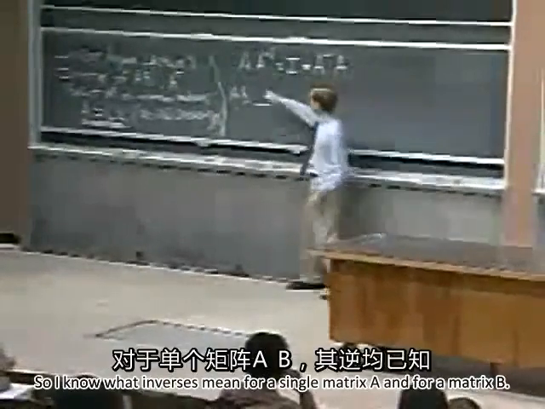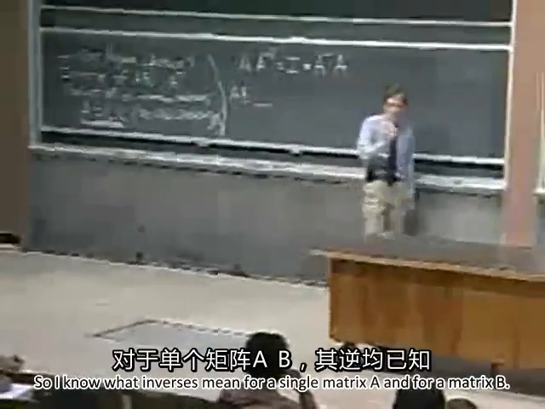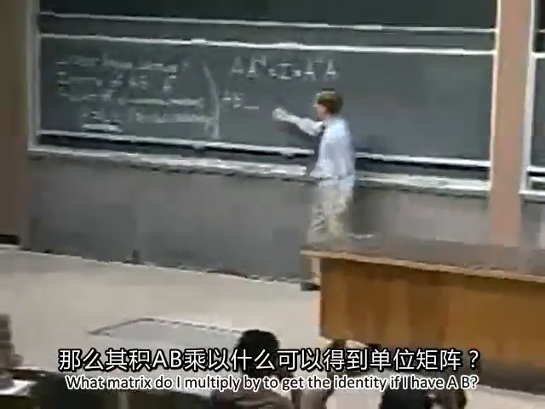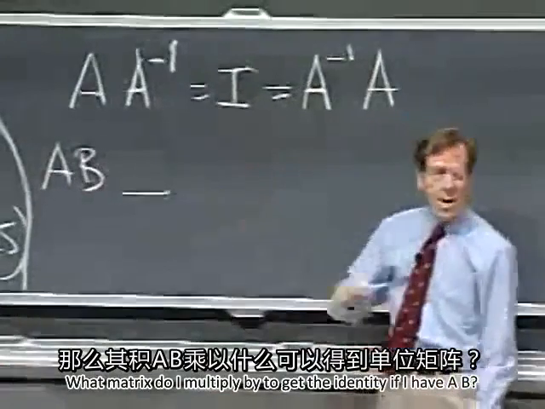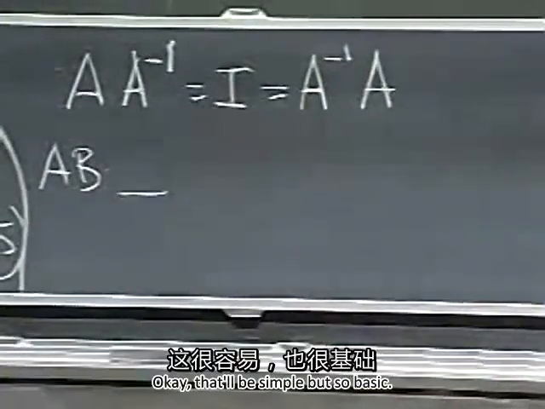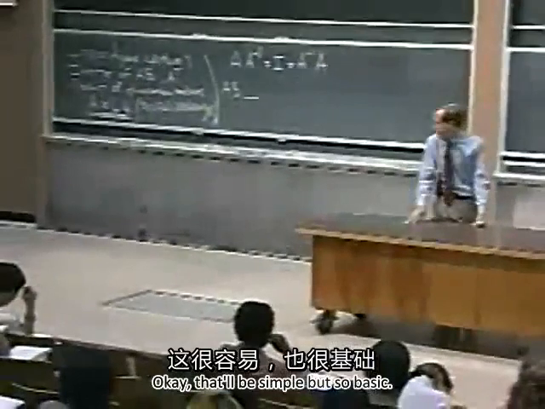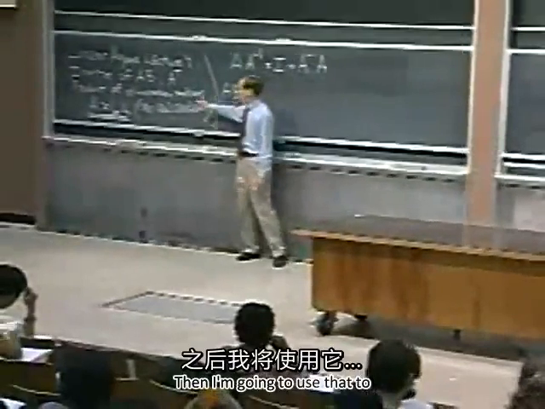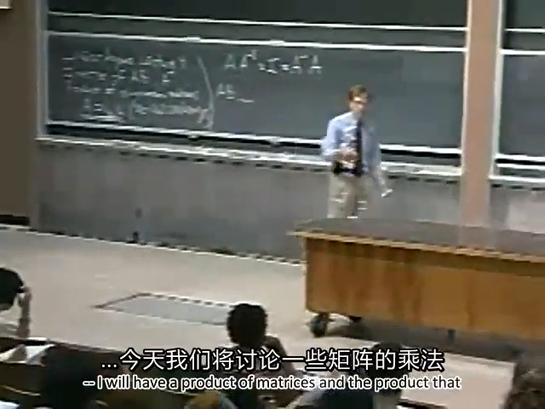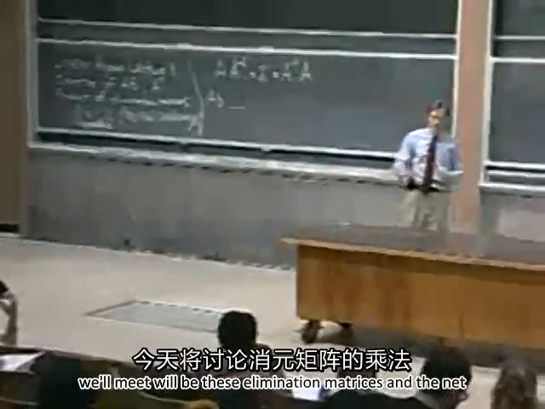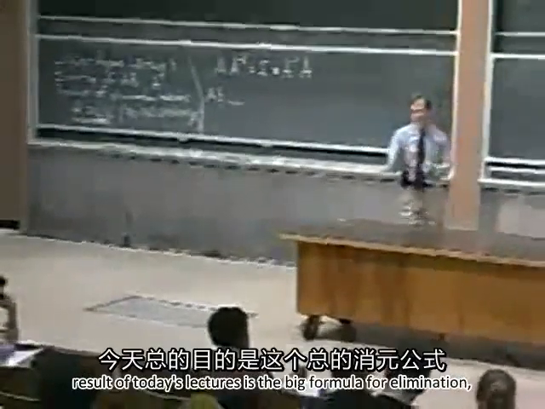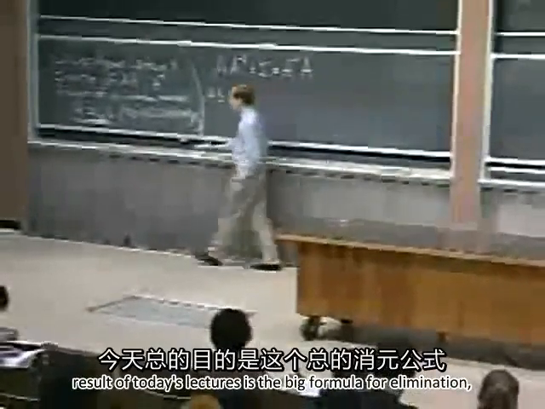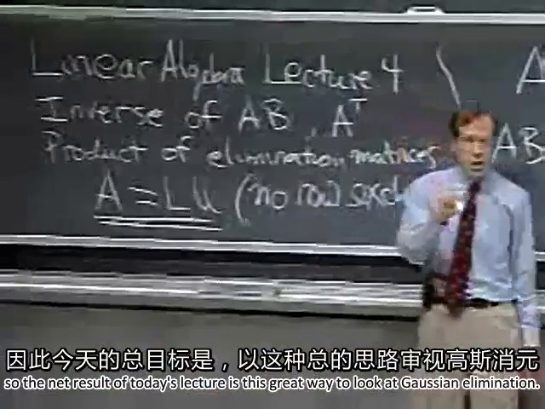So I know what inverses mean for a single matrix A and for a matrix B. What matrix do I multiply by to get the identity if I have A? Okay, that'll be simple but so basic. Then I'm going to use that I will have a product of matrices, and the product that we'll meet will be these elimination matrices, and the net result of today's lecture is the big formula for elimination.